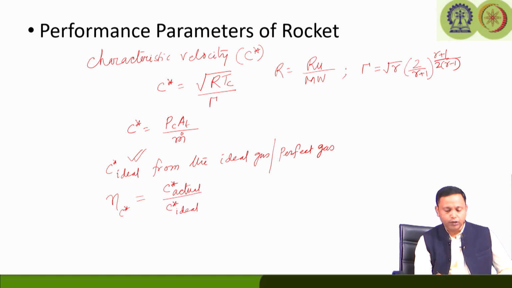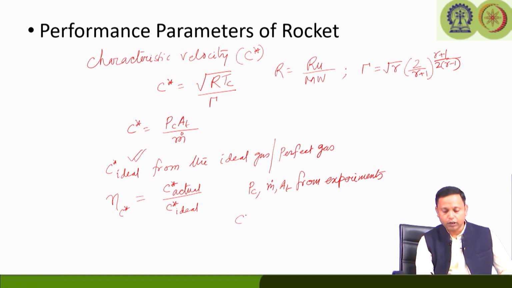Now, how do I find out the C star actual, or the actual characteristic velocity? We can find the C star actual from the experimental data. If we get the P C value, the chamber pressure, and the m dot and A T from experiment, we can fit these values in the C star equation.